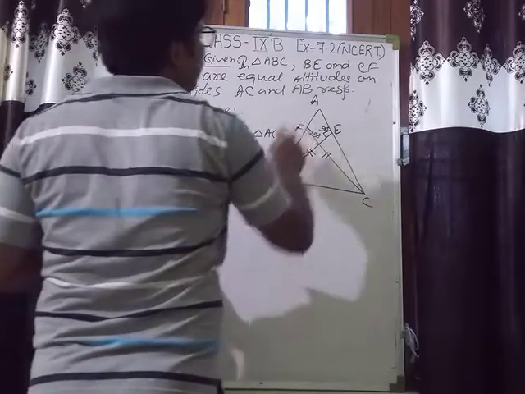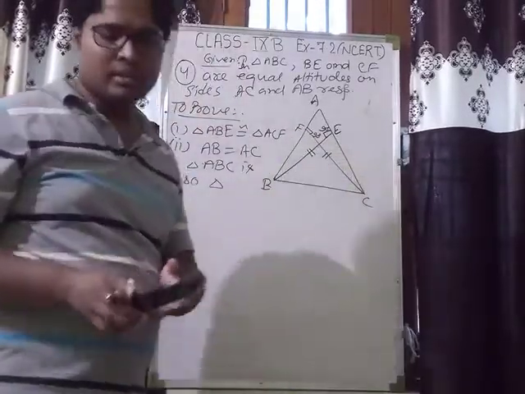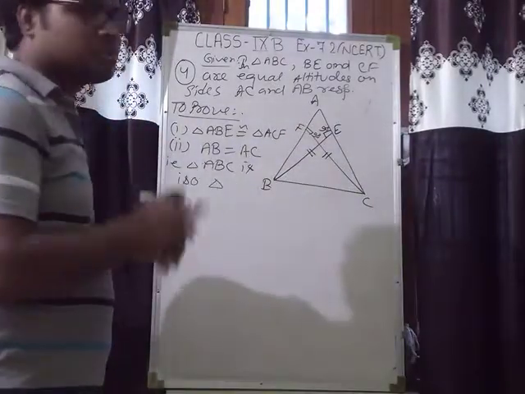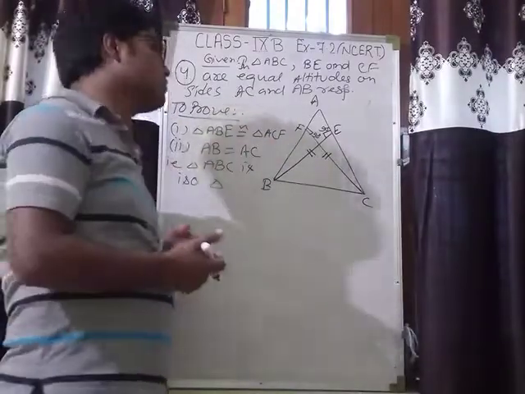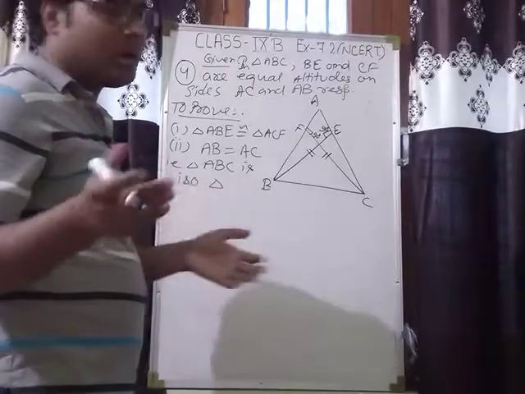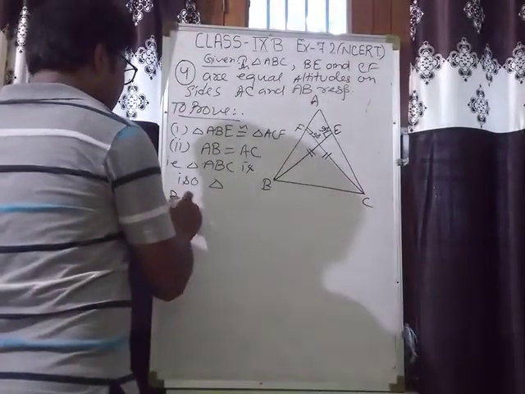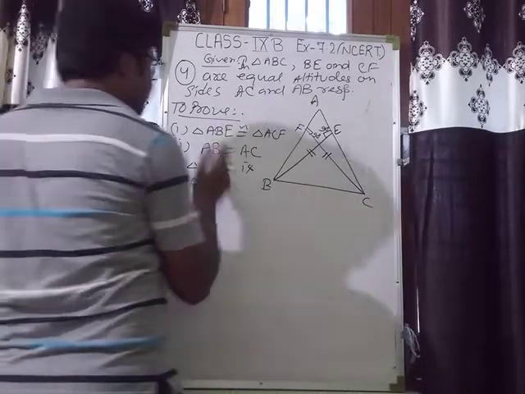Clearly, if AB and AC become equal, then the triangle will be isosceles, because when two sides become equal, the triangle is called an isosceles triangle. So I am going to prove this. That is a very easy question.